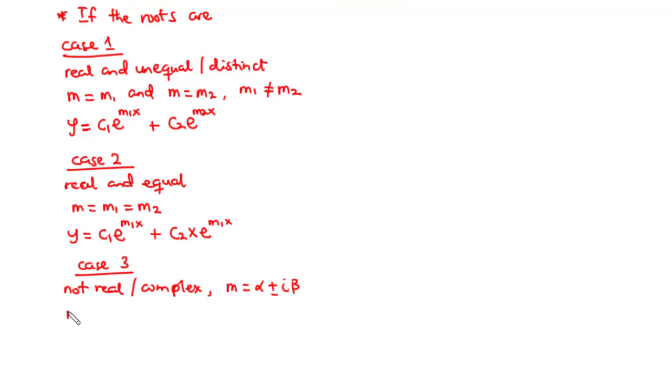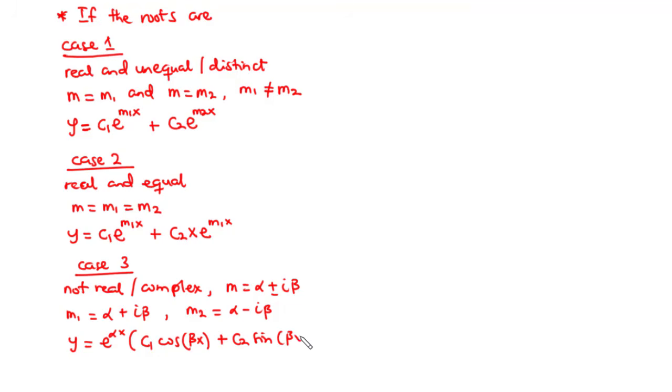So with this, you can have m1 equal to alpha plus i beta, and then m2 equal to alpha minus i beta. Now with this, the general solution is given by y equals e to the power alpha x times, in brackets, c1 cos beta x plus c2 sine beta x.